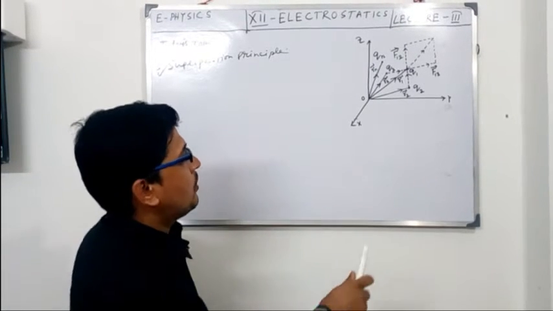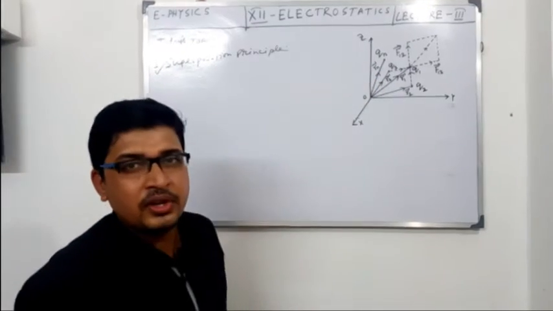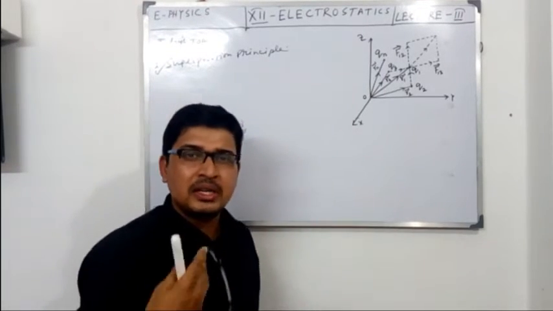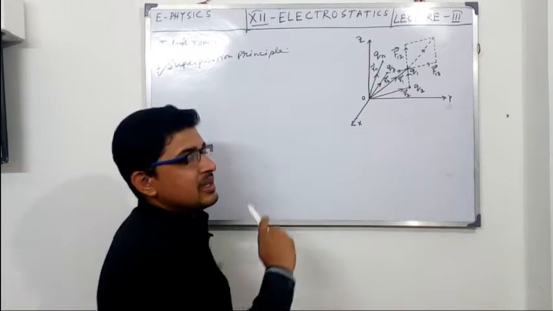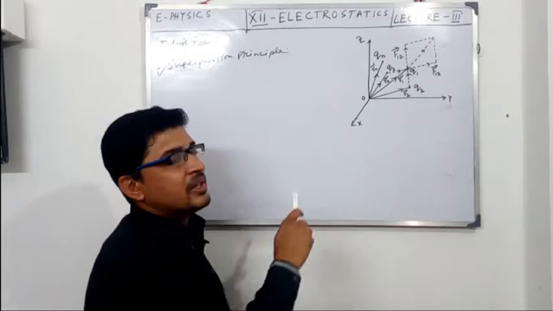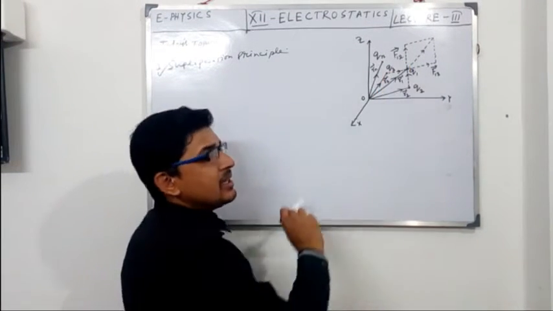example. So we have taken a Cartesian coordinate system in free space. Very simply, we just understand the concept. This is the Cartesian coordinate system in free space, and we have placed n number of charged particles in this region.